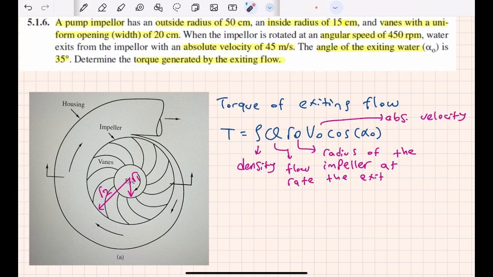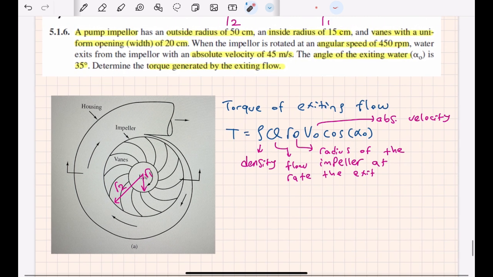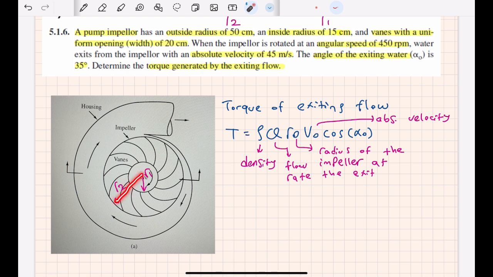Yes, let's continue with question 6, which is 5.1.6. Here we have a pump impeller with an outside radius of 50 centimeters and inside radius of 15 centimeters. So here we have 50 and we have 15. And we have vanes or blades with a uniform opening of 20 centimeters.